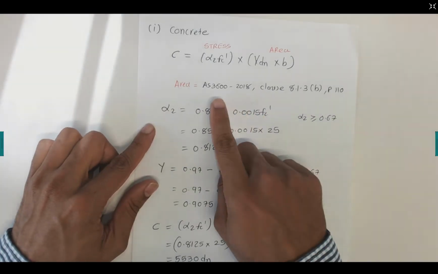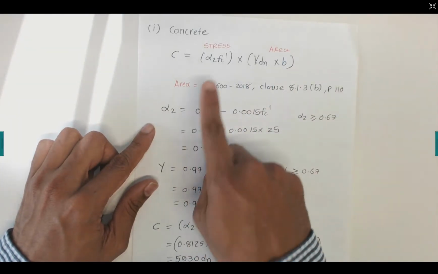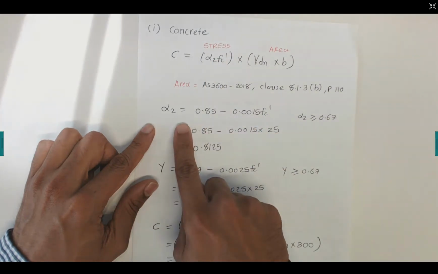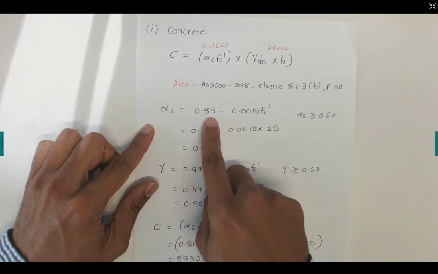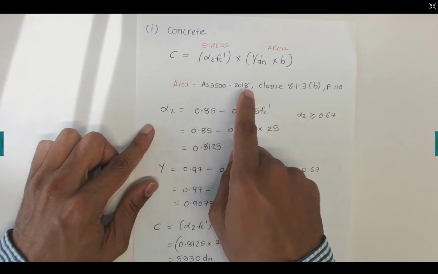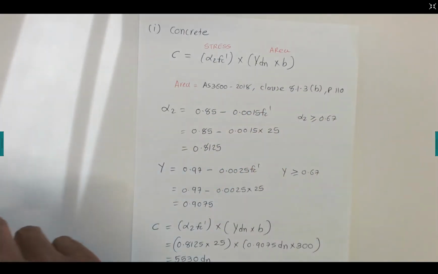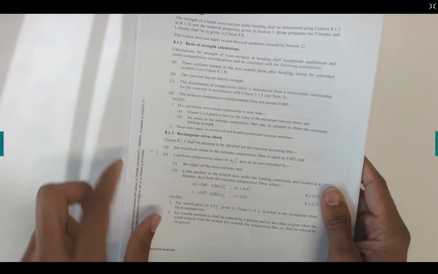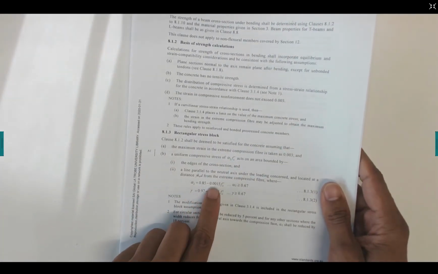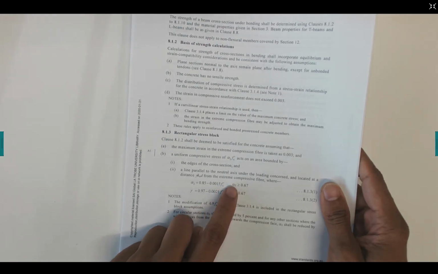Now once you have this area, we need to calculate this alpha 2 value. The alpha 2 value can be calculated using the Australian Standard AS 3600:2018, page number 110. They have an equation to calculate alpha 2: 0.85 take away 0.0015 fc dash, and please note the alpha 2 value should be greater than 0.67.